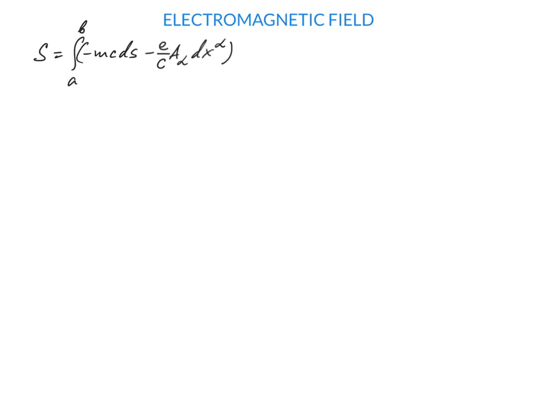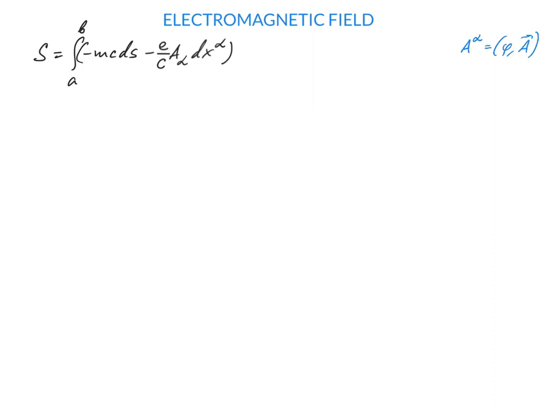Now, in order to write this in conventional notation, we need to introduce the space-like and time-like components for A alpha. So let's call them phi and A. We will see that these are actually the scalar and vector potentials of electrodynamics.